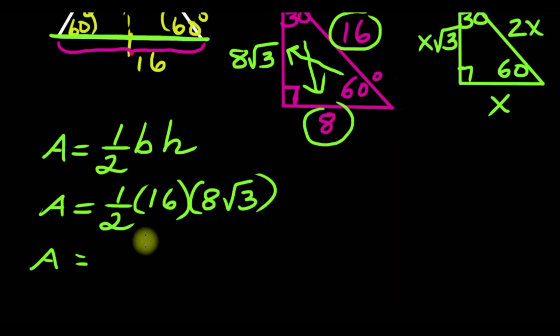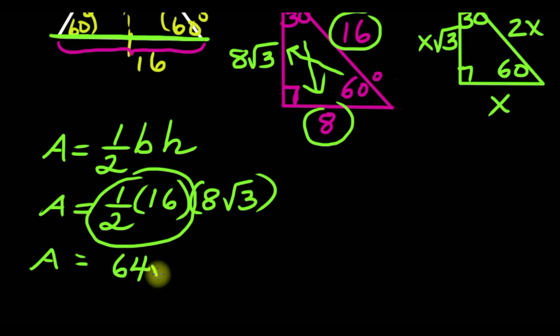This is multiplication, so you can multiply in whichever order. Half of 16 is 8, right? Half of 16 here is going to give you 8. 8 times 8 is 64, so it'll be 64 and then square root of 3. Okay, so this is the area of the triangle.